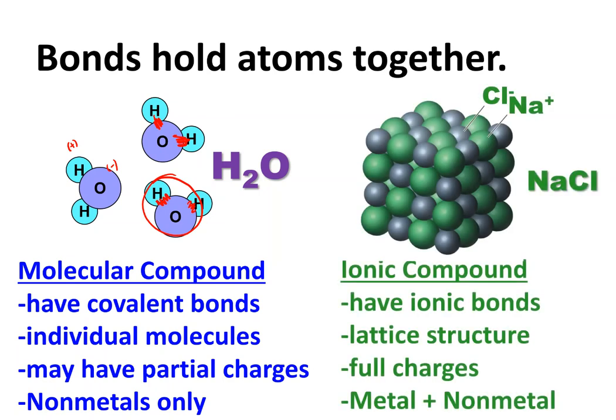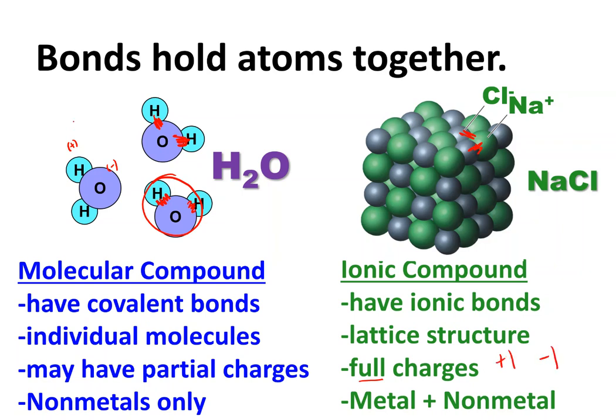Ionic compounds are the ones that are in a crystal where you have positive and negative ions that are attracted to each other. And these attractions are really strong because instead of having partial charges, these have what we say full charges. In other words, like +1 and -1.